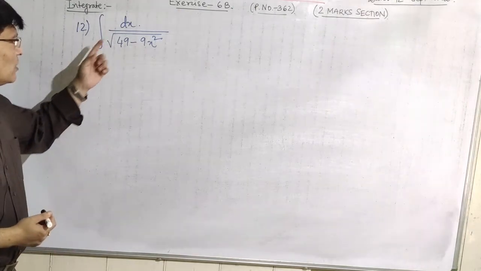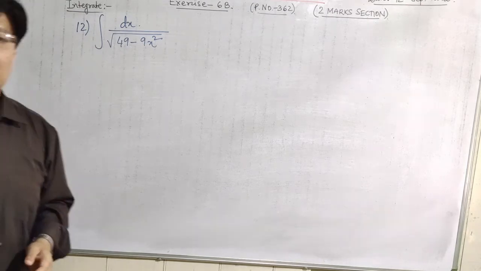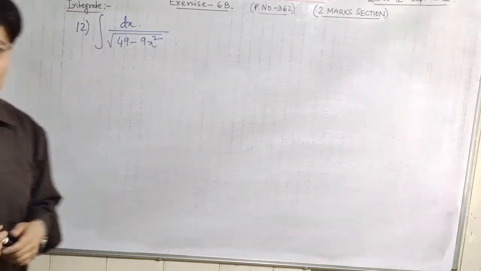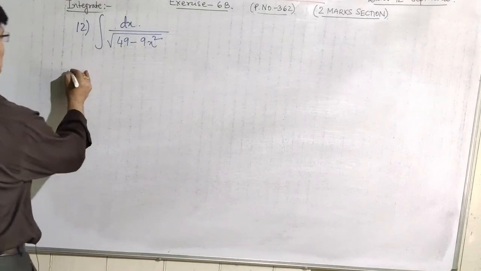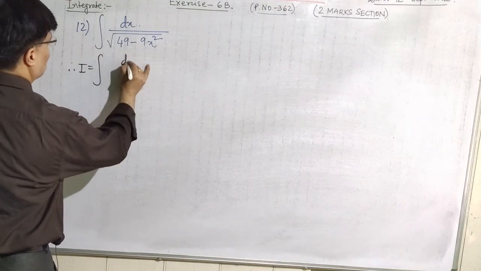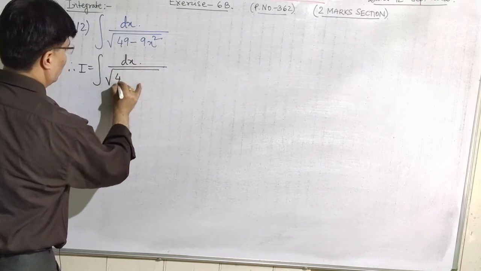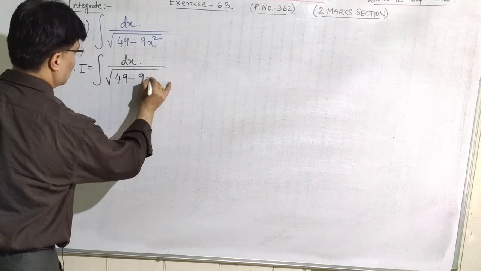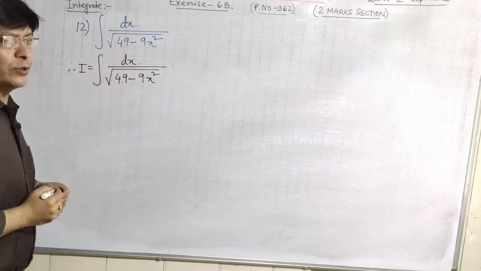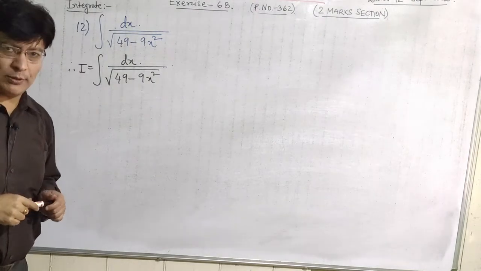That is integral of dx divided by within square root 49 minus 9x squared. So let us evaluate this integration. So I is equal to integration of dx divided by root over 49 minus 9x squared. Here also we can use the same method as we have done in the previous problem.